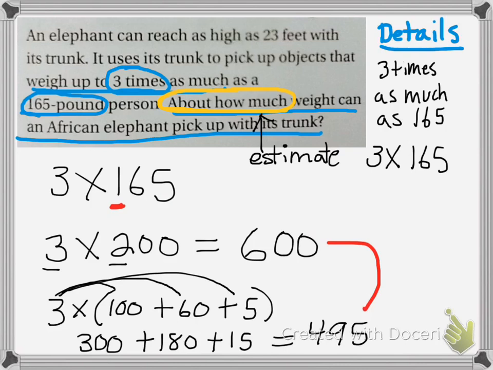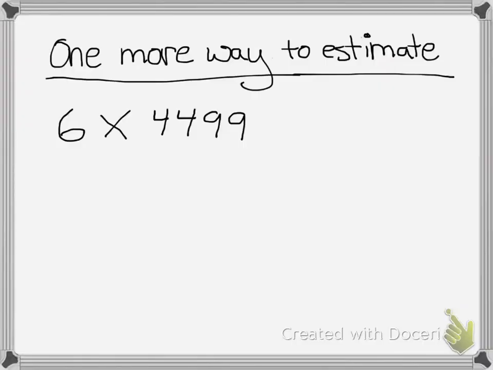Okay, now for your work. Oops, I want to show you one more way we can estimate, in which we will get two estimates that will give us a range in which our answer will be. Here's what I mean.